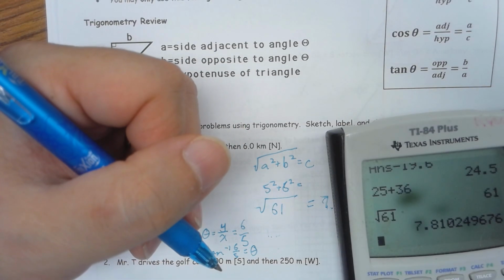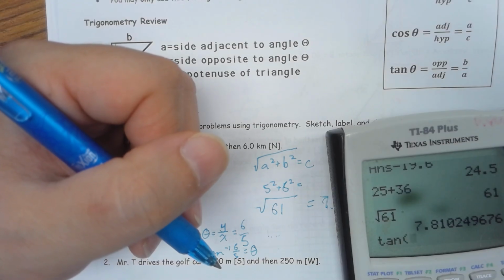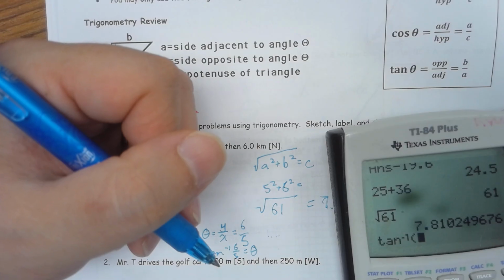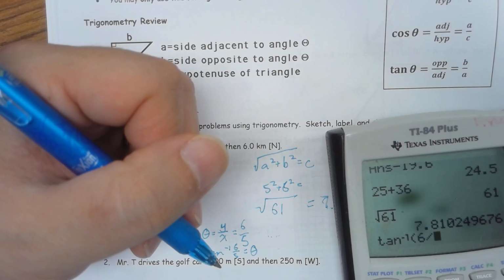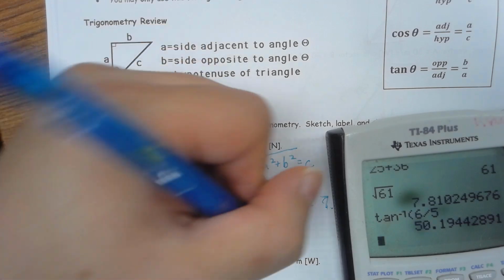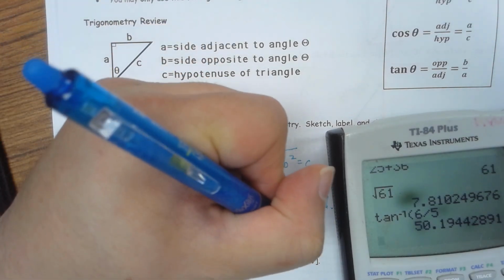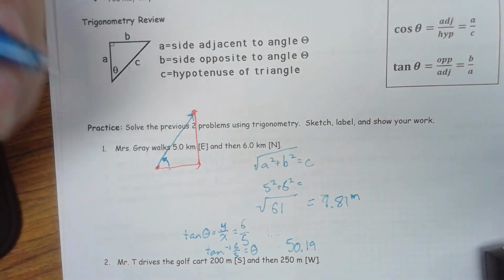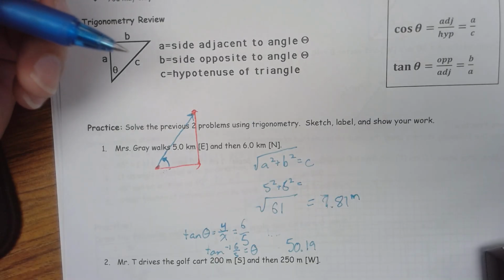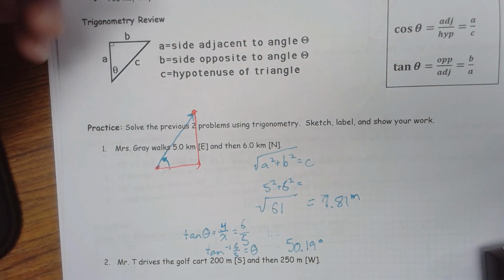At this point, my calculator is already in degree mode. Inverse tangent of 6 divided by 5 is 50.19 degrees on a regular graph.